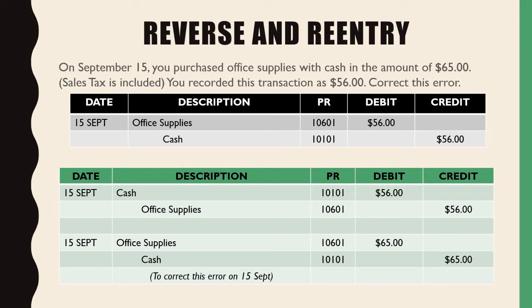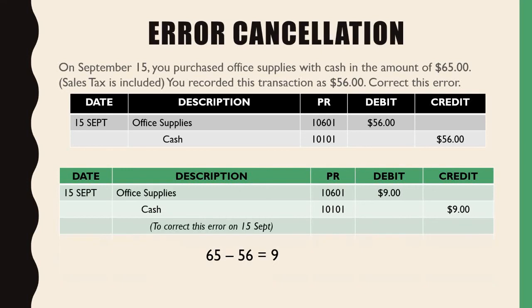This one's generally more widely used because it gives you a step-by-step: recognizing the problem, how you're going to fix it, and actually fixing it. Where this one is just an adjustment, you're just trying to fix your mistake by adjusting it to the correct amount. Okay? Any questions between correcting entries? No questions.